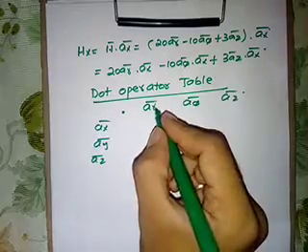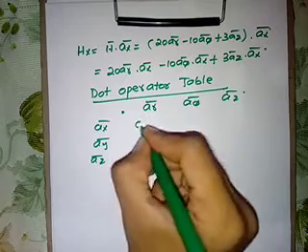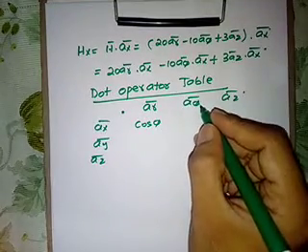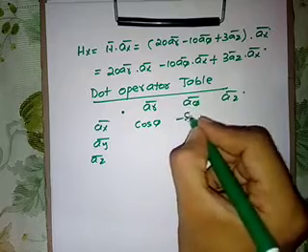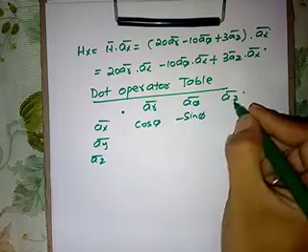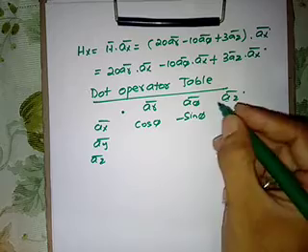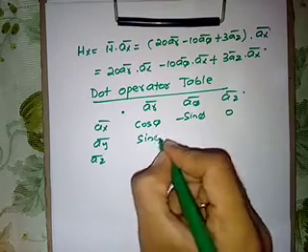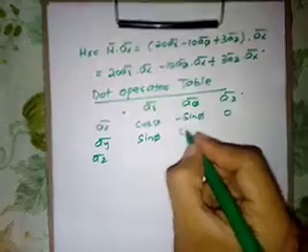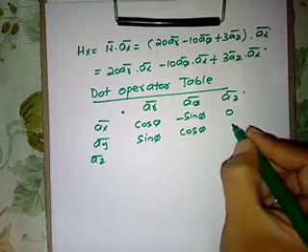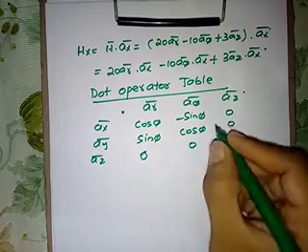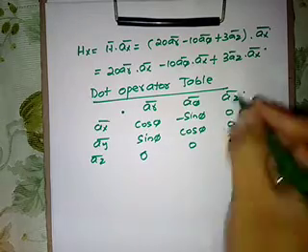So ax bar dot ar bar, or ar bar dot ax bar, is cos phi. ax bar dot a phi bar, or a phi bar dot ax bar, is minus sin phi. ax bar dot az bar, or az bar dot ax bar, is 0. Similarly we have the other terms: sin phi, then cos phi, 0; then 0, 0, 1. az bar dot az bar is 1.